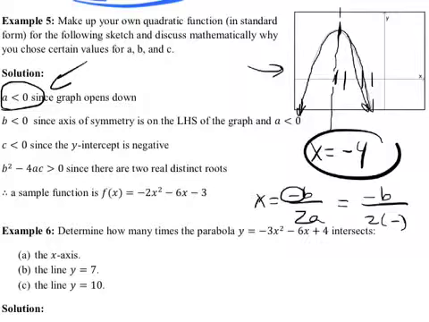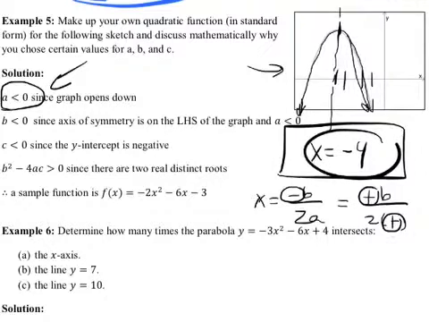This negative and this negative are going to cancel, giving positives. But a minute ago we said that the axis of symmetry had to be negative. So for this to work, this b value needs to be negative. So b is negative since the axis of symmetry is on the left-hand side, and since a is also negative.